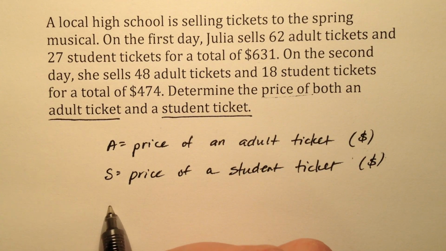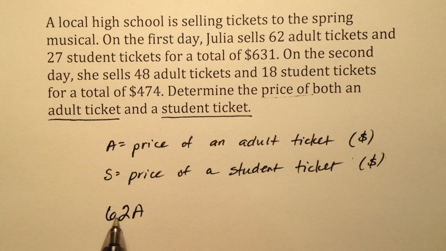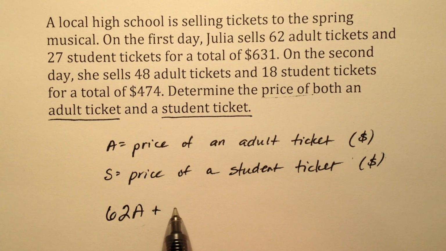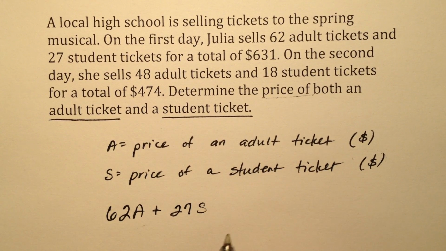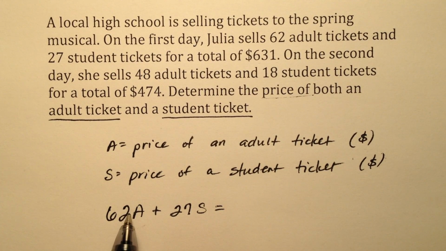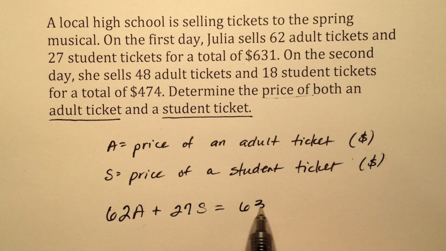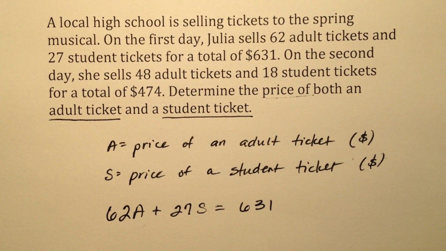So if I write the expression 62A, this is going to mean the amount of money that selling 62 adult tickets is going to bring in from day one. So if I add to that 27S, which is going to be selling 27 student tickets, where S is the price of one student ticket, then these two will each be dollars, and when I add them up, that'll be my 631 that I made on day one.